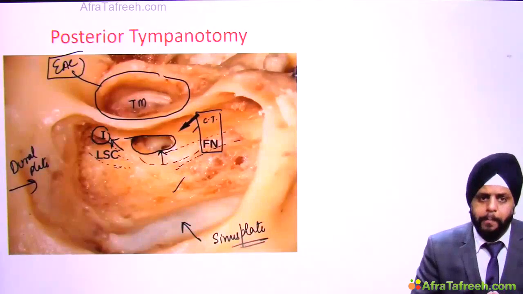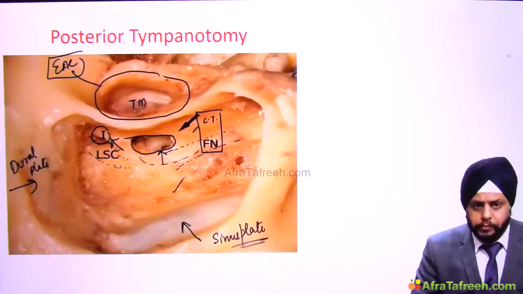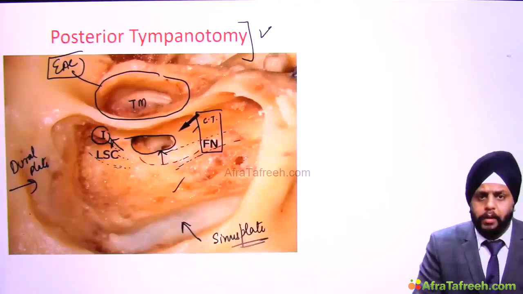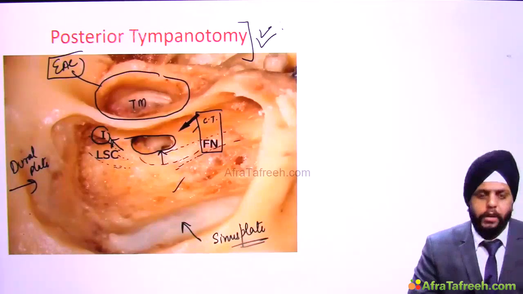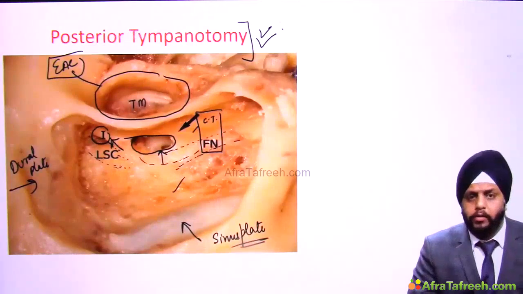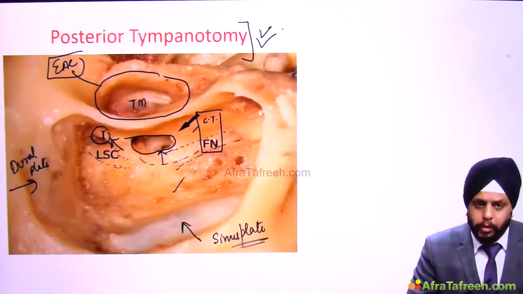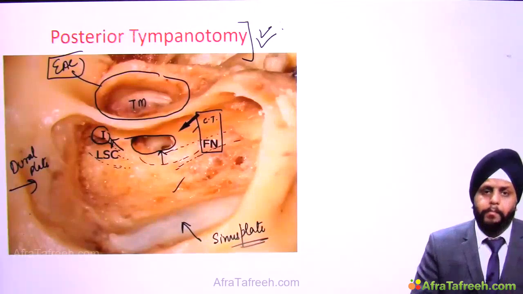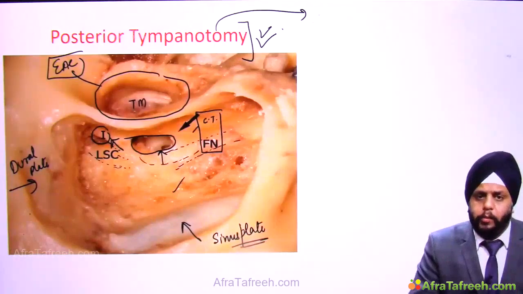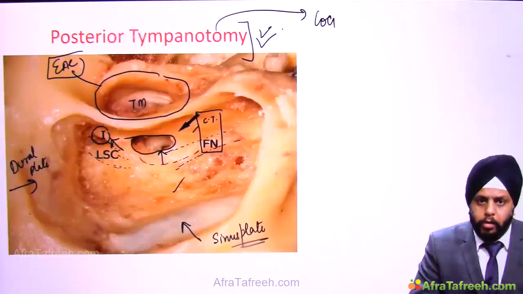Is that all right? Okay, now the use of this posterior tympanotomy I will be telling you in some time. In the next topic, I will be showing you this posterior tympanotomy and its use. But for now, you can remember this posterior tympanotomy is done for cochlear implant.